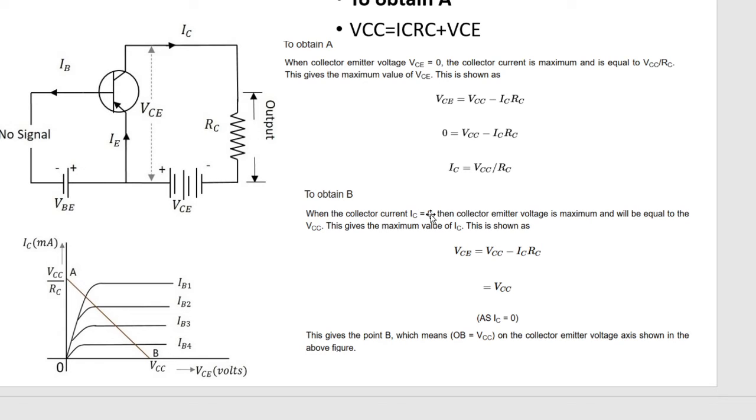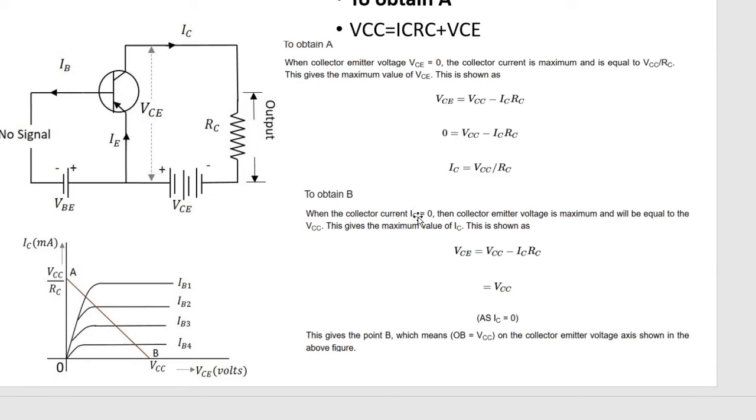In the previous case we considered IC as maximum and VCE equal to 0, and here we consider IC equal to 0. IC equal to 0 means the transistor is not conducting, it is behaving like an open circuit or an open switch. So whatever the input voltage, VCC will drop across this open switch. If you apply a 10 volt VCC supply, all the 10 volts will drop across this open switch.